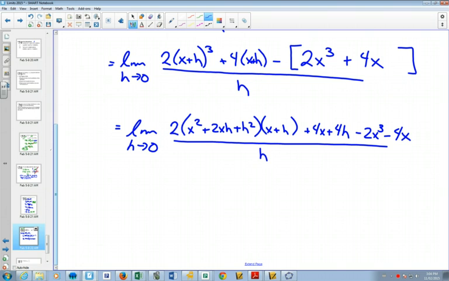You see that here the x squared plus 2xh plus h squared, that's just me doing x plus h times x plus h. I still would have to multiply by another x plus h. Just to save me a little bit of time, I see that those minus 4x's cancel out.